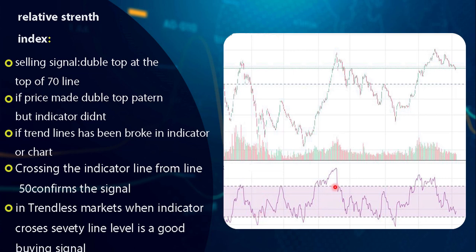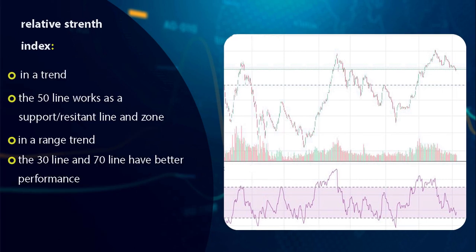And when this indicator line crosses the 70 line, it's a good selling signal, but we should get some confirmation, and I will talk about confirmations and how to trade with this indicator in the future slides.